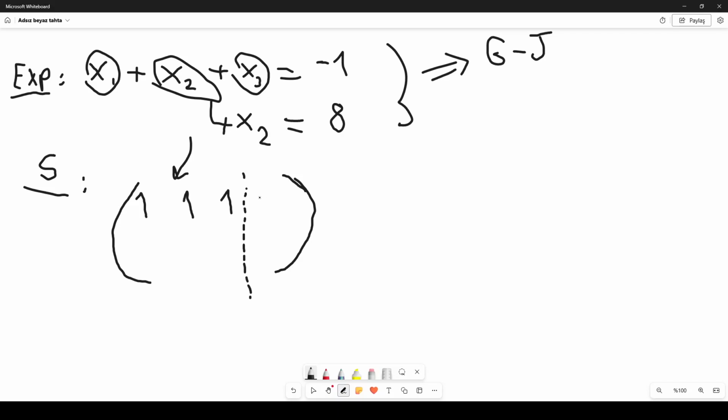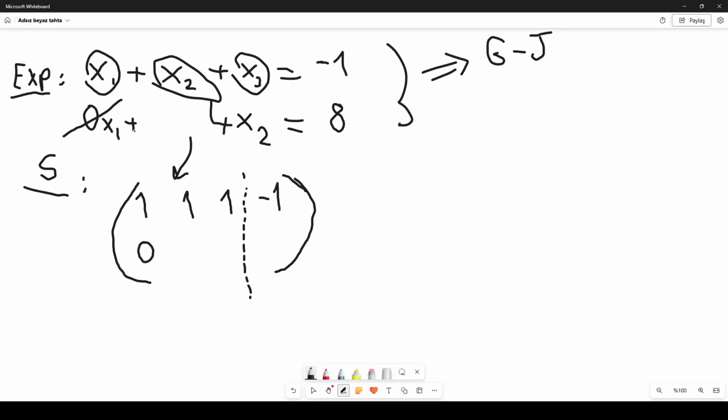And as we are already familiar with, we draw this dashed line, and we put -1, which is the right-hand side value of the first equation in the system. Then for the second equation, the coefficient of x1 is 0. Why? There is no x1 here, so actually there is 0 x1, even though it is not written.